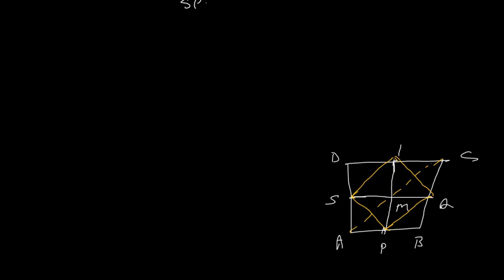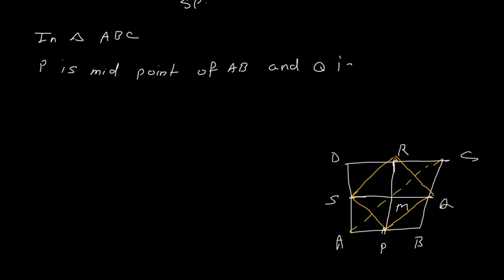Now in triangle ABC, P is the midpoint of AB and Q is the midpoint of BC.